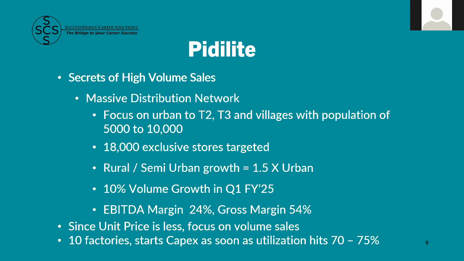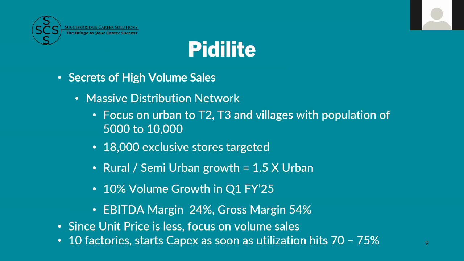So wherever you have markets of this size, immediately they have their presence there. They have 18,000 exclusive stores. And as with Asian Paints, what they are also seeing is that the rural and semi-urban market is growing 1.5 times the urban market.